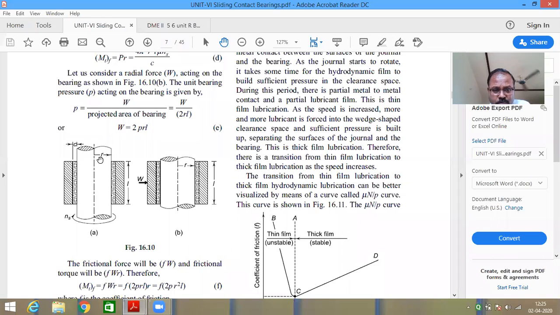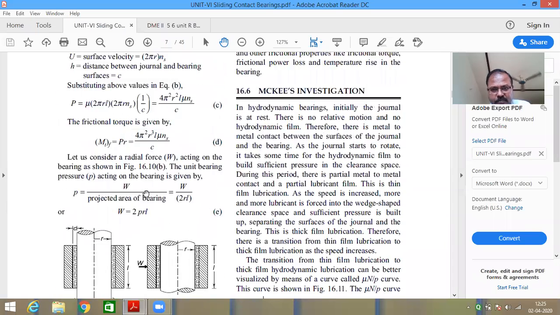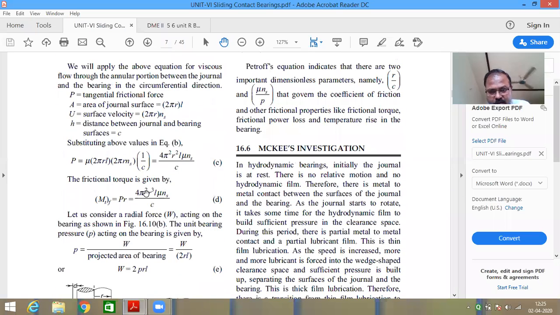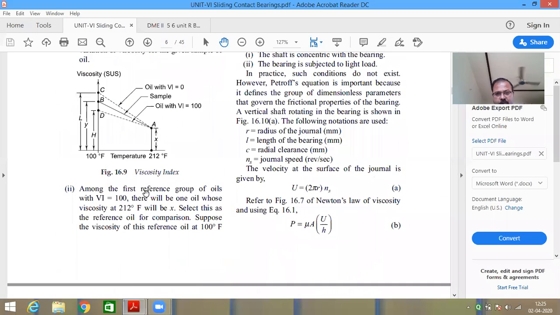Small r is the radius of the journal, capital R is the inner radius of the bearing, small l is the length of the bearing, c is the radial clearance, and ns is the journal speed in revolutions per second.